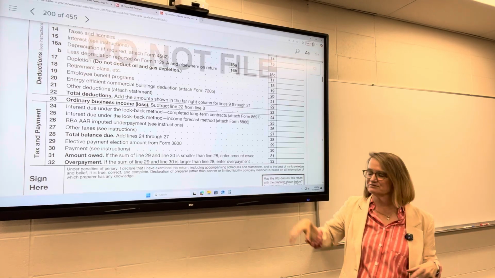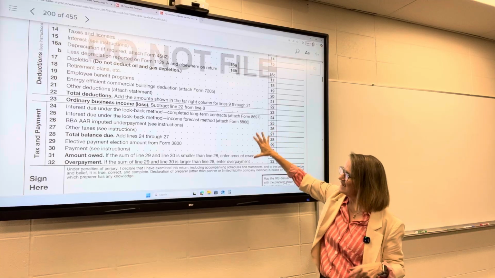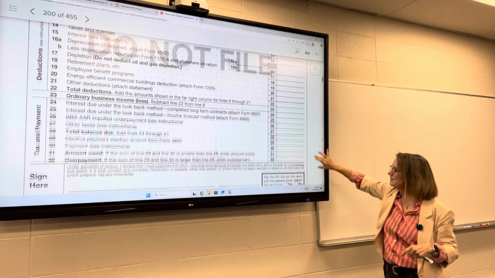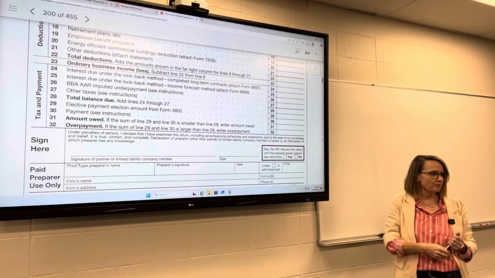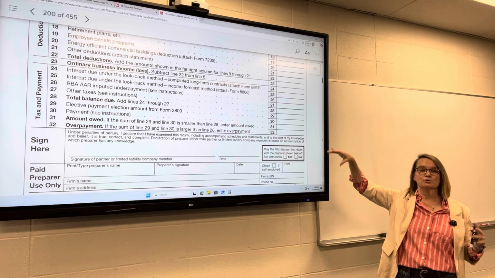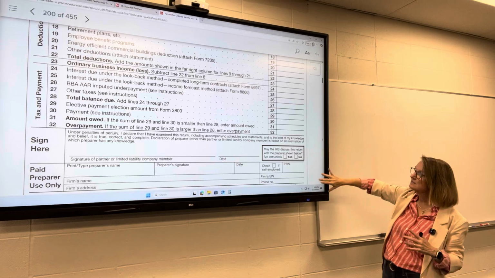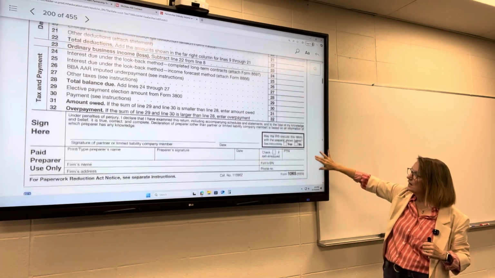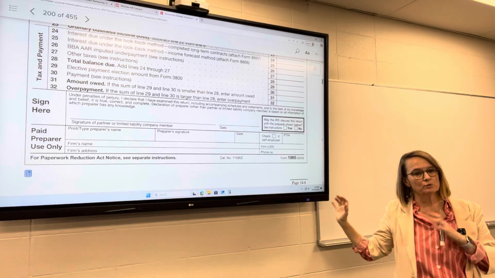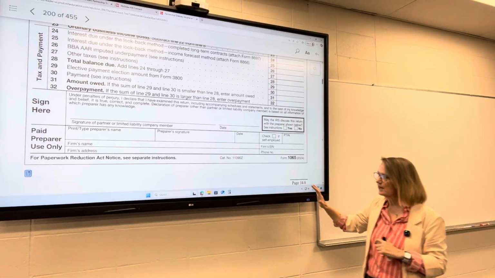They're different types of taxes. So that's what this tax and payment section is for. But for most partnerships, like smaller partnerships, fuel taxes or credits may be listed, maybe one of those as well, but not income taxes, not taxes on the income that you earned from your ordinary operations.